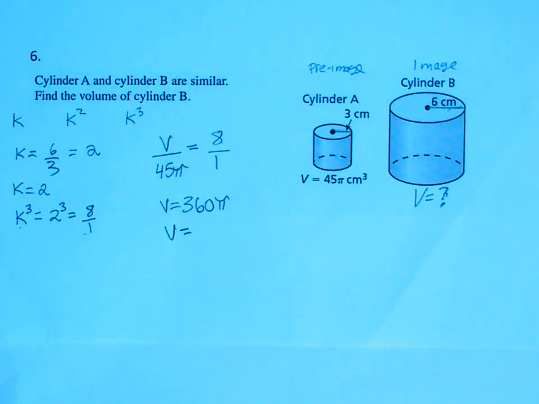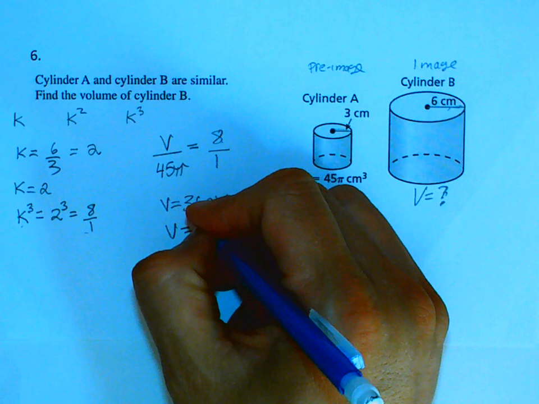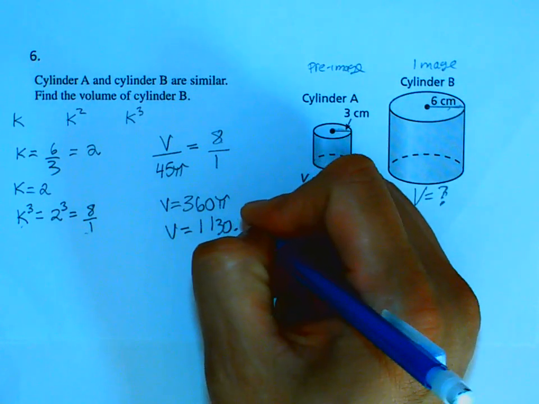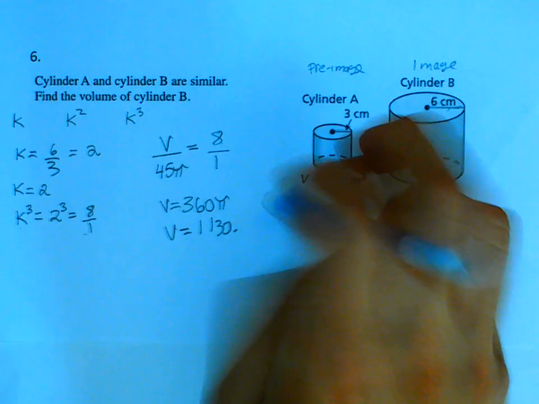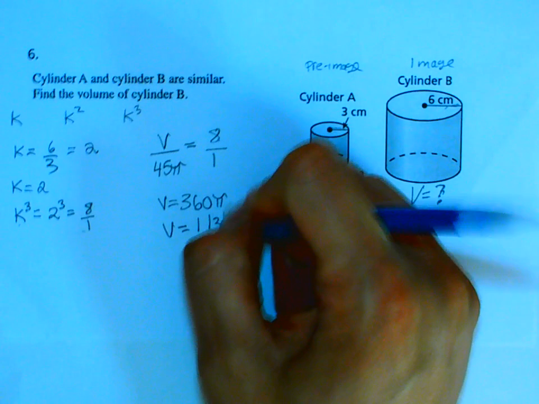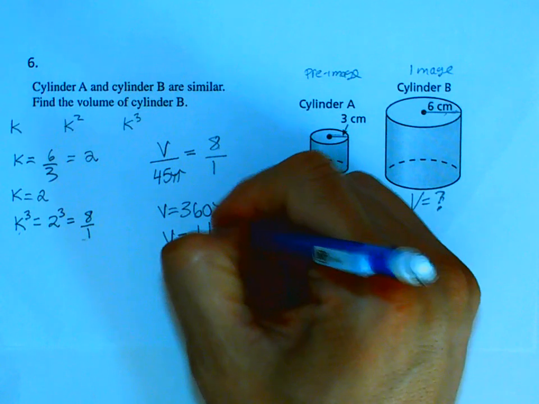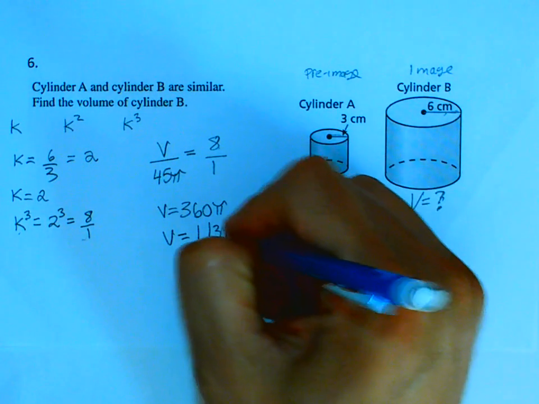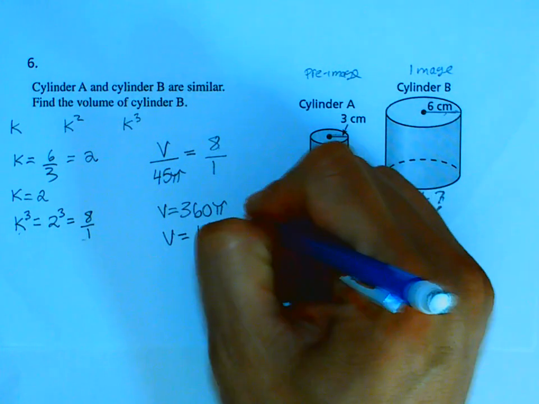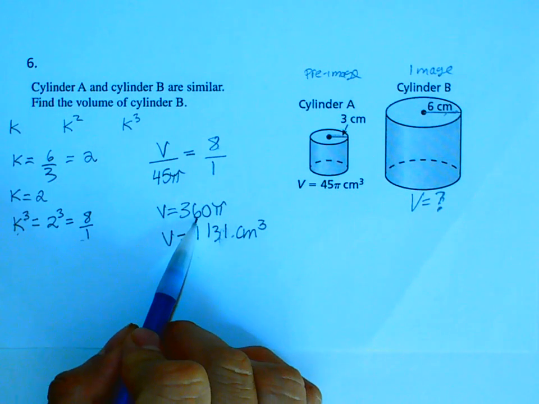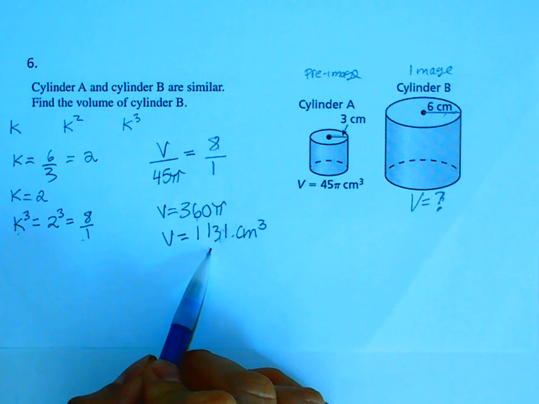Now, the exact answer in terms of decimal is going to be 1130.97, or if I want to round this to the nearest centimeter, then it will be 1131 centimeters cubed. So it all depends what answer they want. If they want the exact answer, that's your answer. If they want the approximate answer, that's your answer.